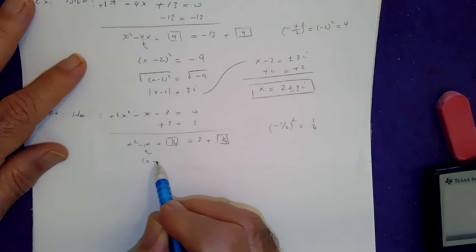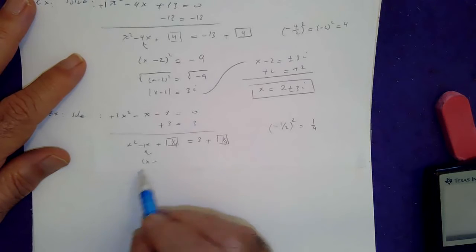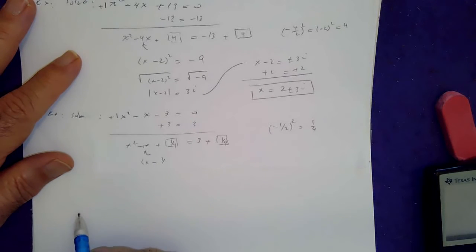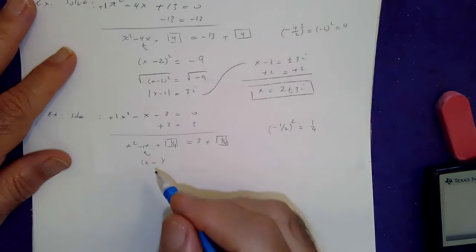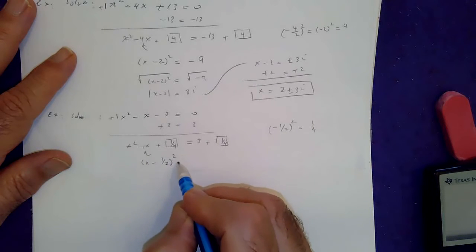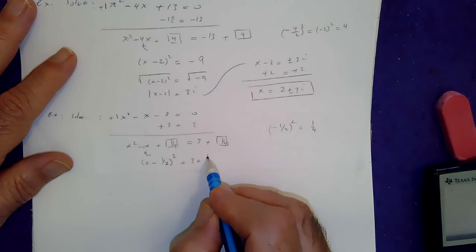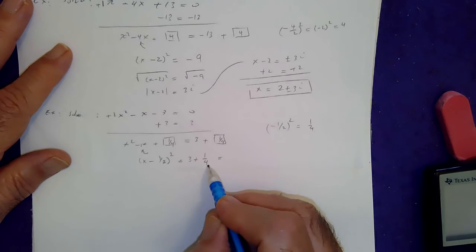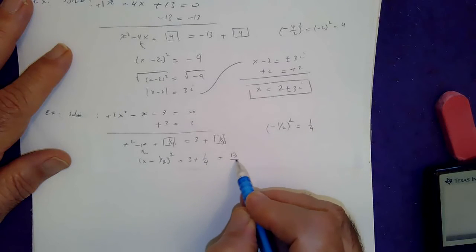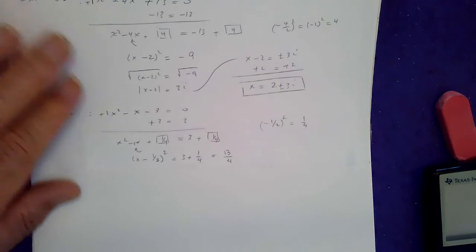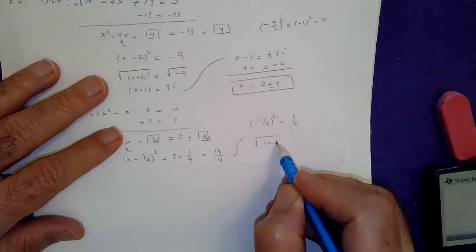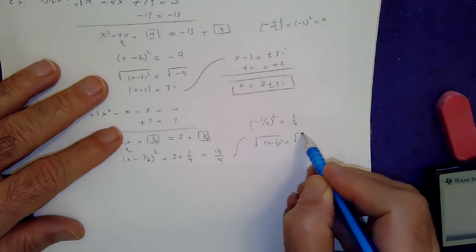So you end up with x minus -1/2 squared equals 3 plus 1/4. 3 plus 1/4 is what? 12 plus 1, which is what? 13/4. Is that right?